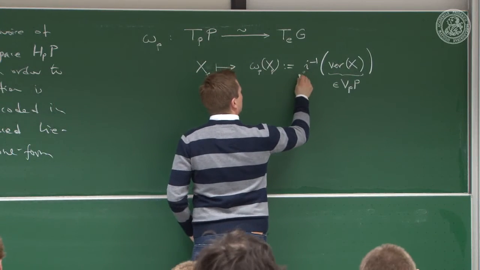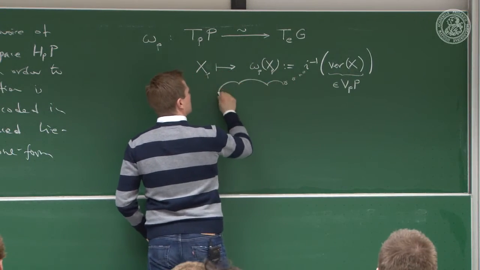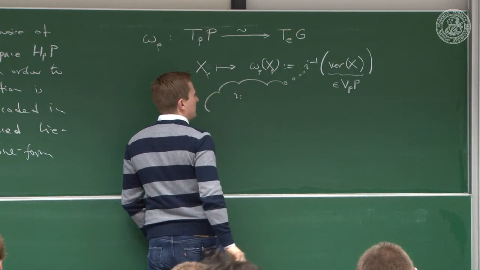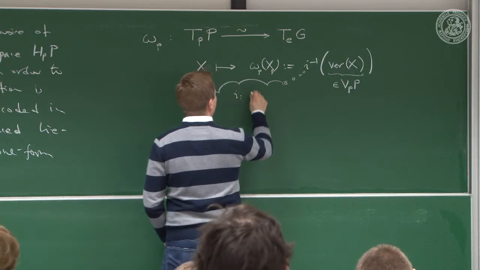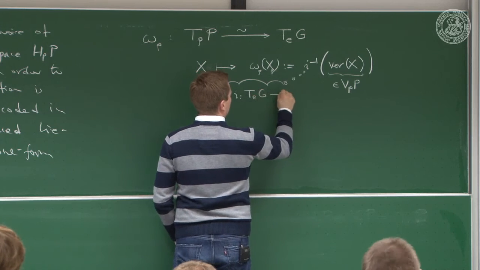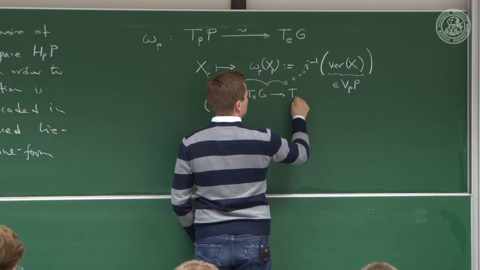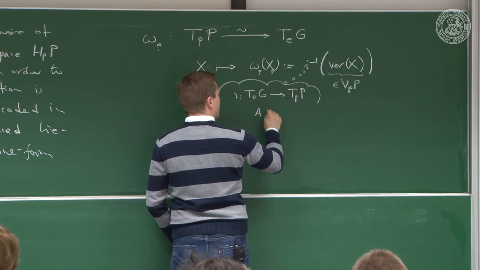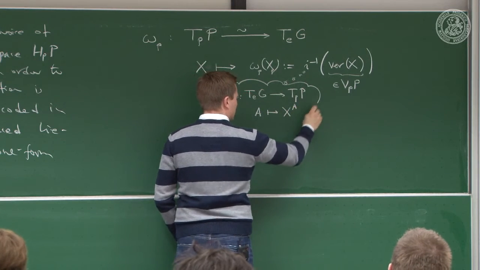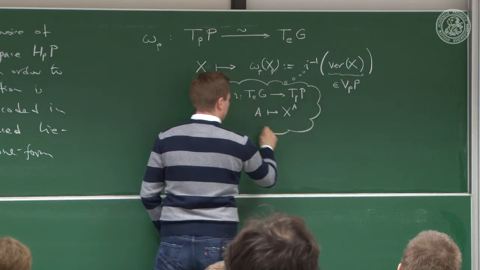If we recall, this map I was a map that took you from the Lie algebra into the tangent space T_P P by virtue of assigning to A the vertical vector field generated this way.